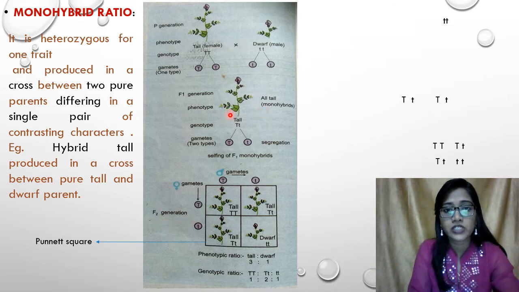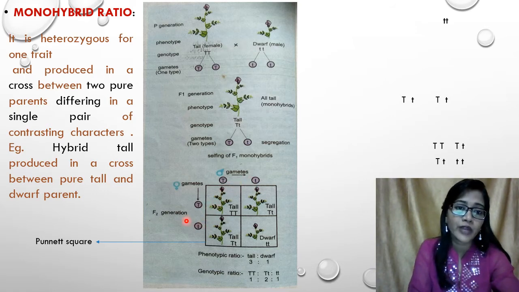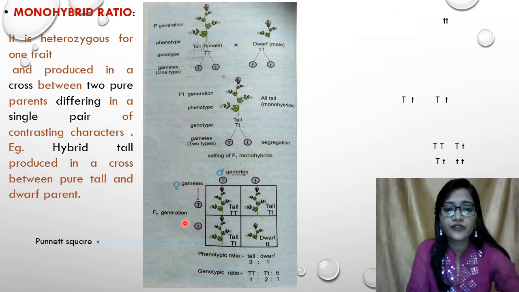Self pollination was done, and he got this type of result. See the gametes, male and female, both plants have the same genotype, capital T, small t, capital T and small t. After selfing of the F1 generation, he got an F2 generation where the result was different.